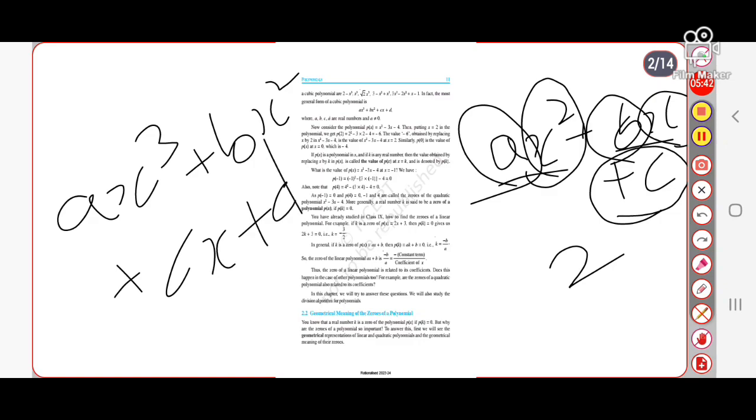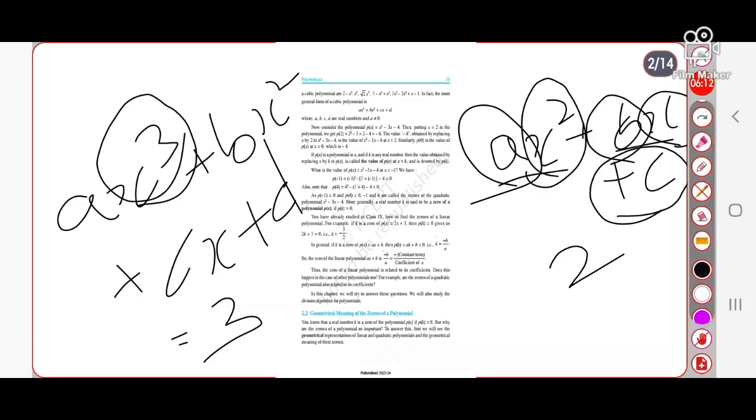Here the highest degree value is 3, so it is a cubic polynomial, where a, b, c, d are real numbers. These are some of the very basic things we have to know while entering into this lesson.